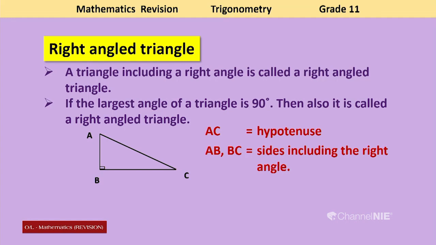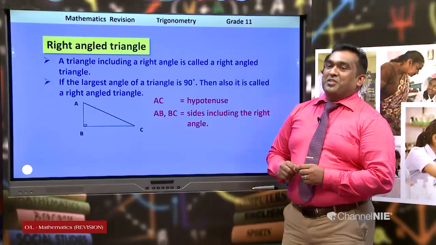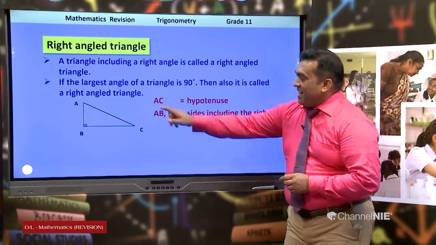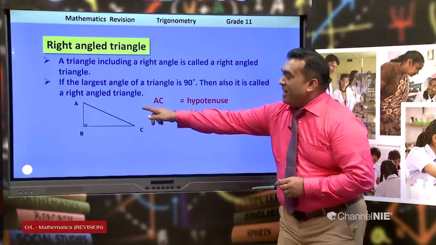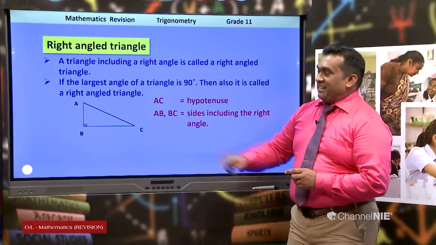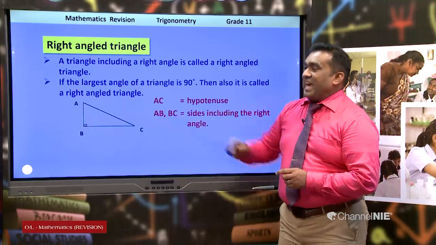Then AB and BC are called the sides including the right angle. It is important that AC is the largest side of the triangle. The largest side is opposite to 90 degrees, and 90 degrees is the largest angle.